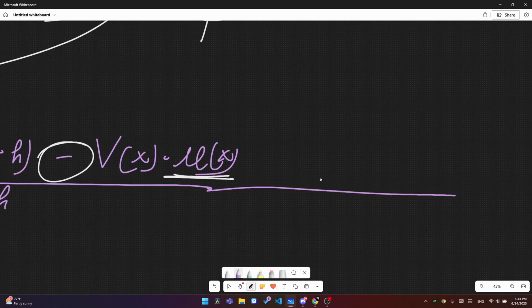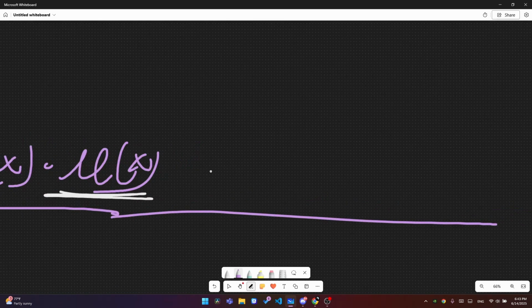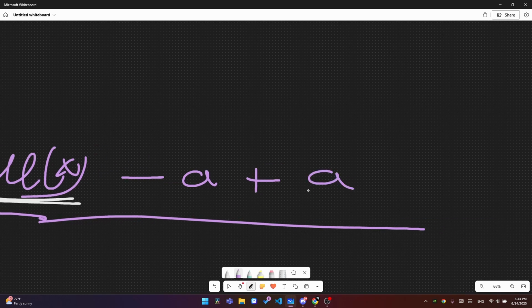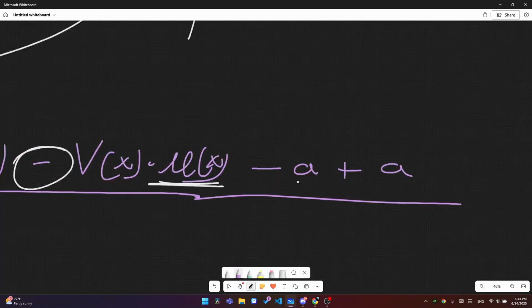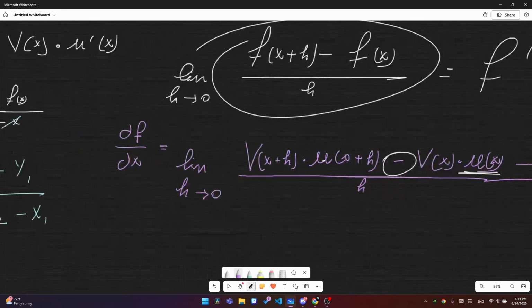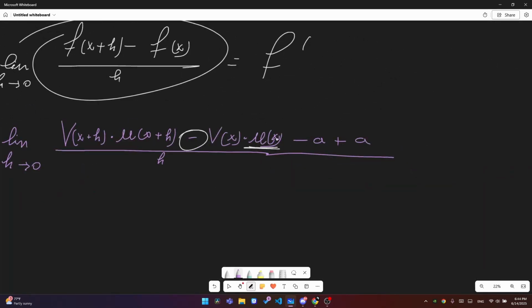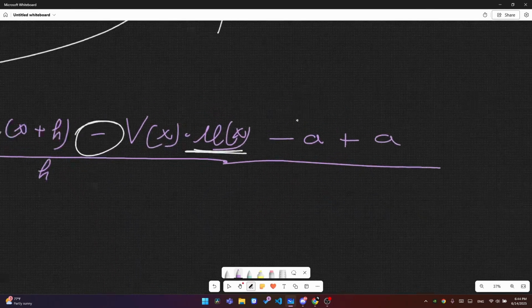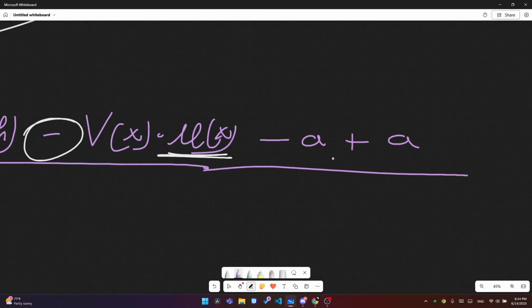I can just add some arbitrary value and cancel that arbitrary value by itself with the sign flipped. So for example, I just added minus a plus a, which both cancel out to 0. So this expression did not change. We just added these two values, and these values can actually help us algebraically.